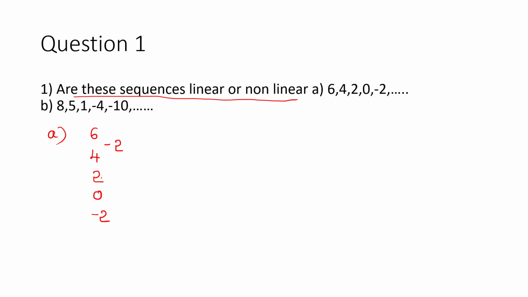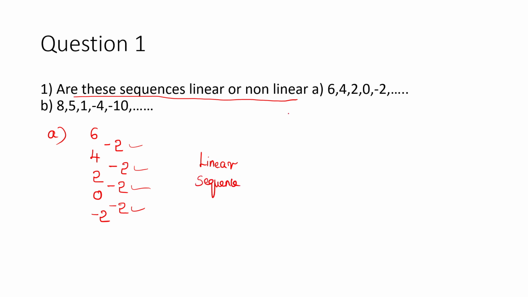From 4 to 2, minus 2 again. From 2 to 0, 2 minus 2 is 0. 0 minus 2, minus 2. So here you can see the changes: minus 2, minus 2, minus 2. Constant change. Okay. So A is a linear sequence.